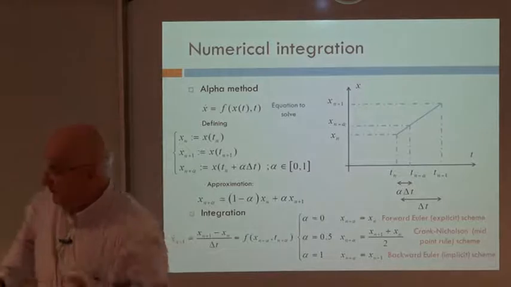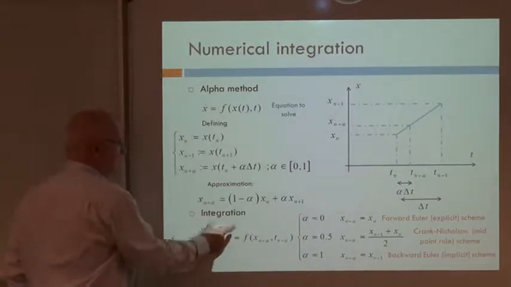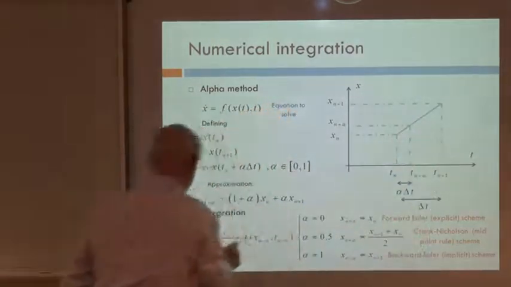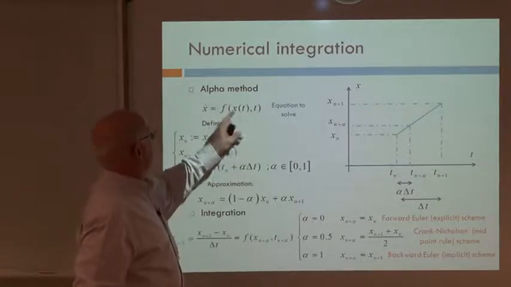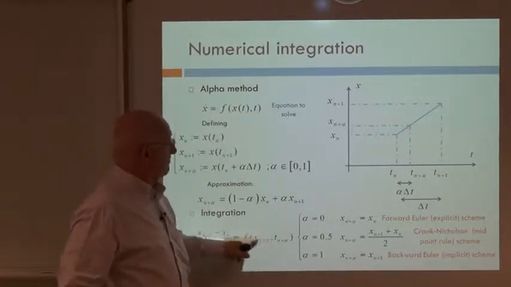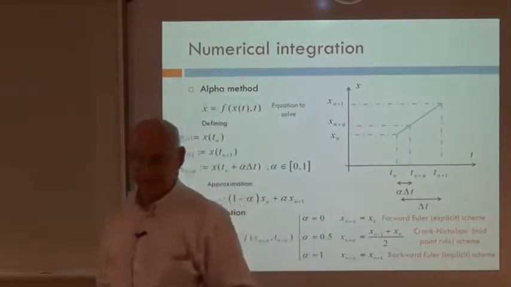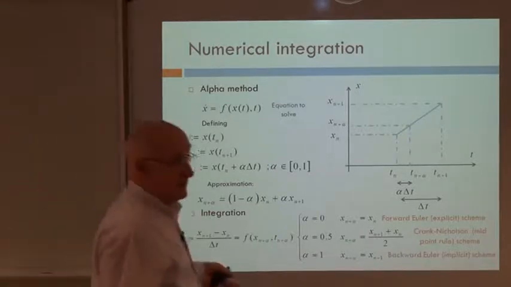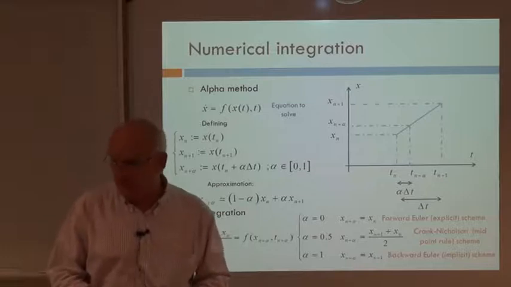So I'm free to select what here. That's fixed, that's the slope, this increment divided by this increment. But as for the right-hand side, I just replace x and t by some values of this straight line. So we have different options, and for any of these different options, I should expect different solutions.